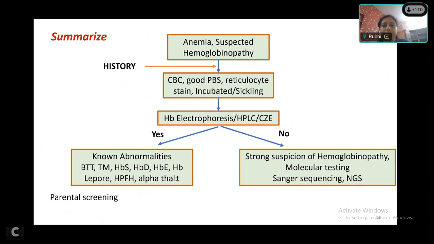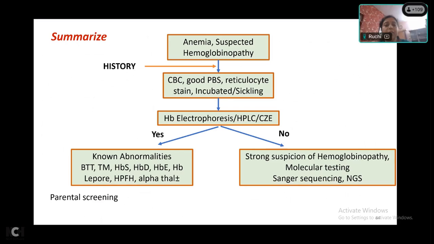Go ahead and do HB electrophoresis or HPLC or capillary zone electrophoresis, whatever technique is available in your lab. If it is positive, then try and pick up what kind of a diagnosis is likely, where in the clinical spectrum does the patient come, is he asymptomatic, is he symptomatic, is he requiring transfusions and so on, and then parental screening will eventually give you the clue, right?